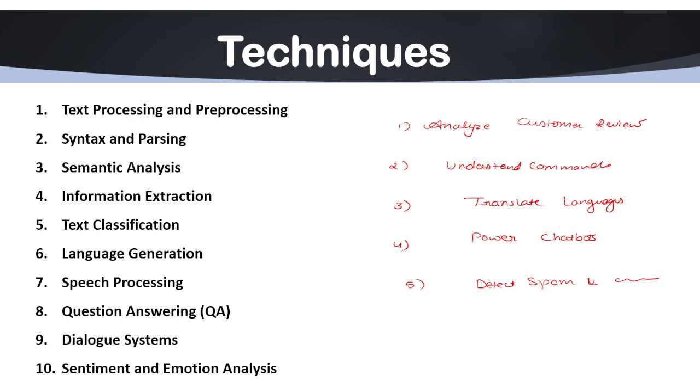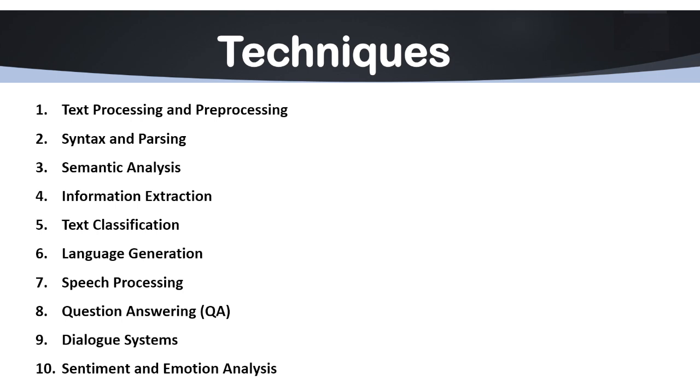Other than this, students, if I summarize this session, we have basically 10 techniques under NLP, where some techniques are for cleaning and preparing the text, like tokenization, stop word removal. These techniques are for cleaning or preparing the text.